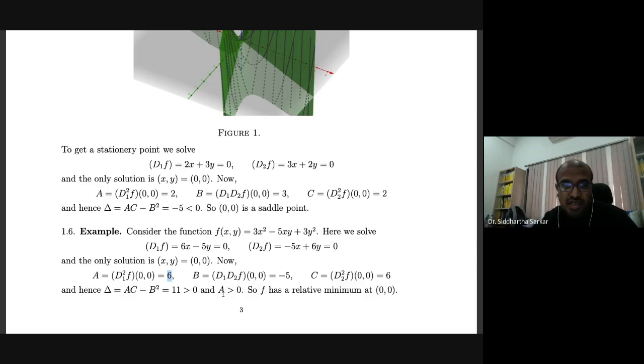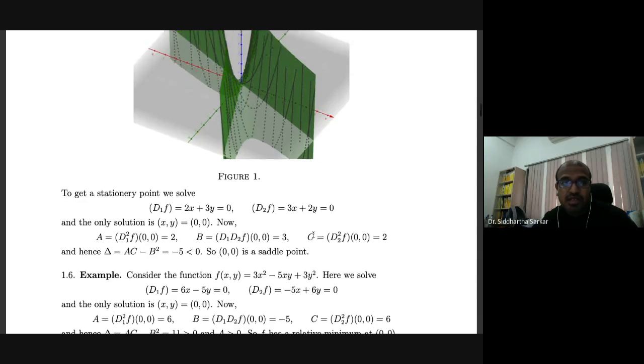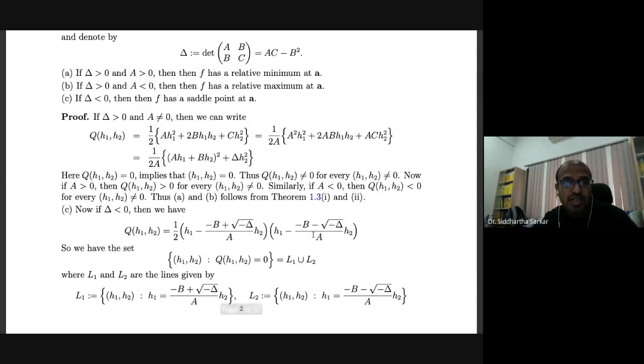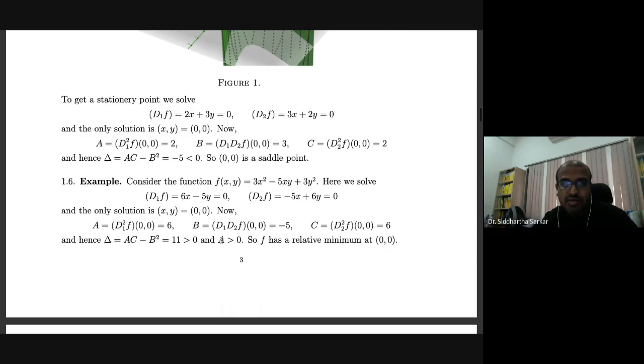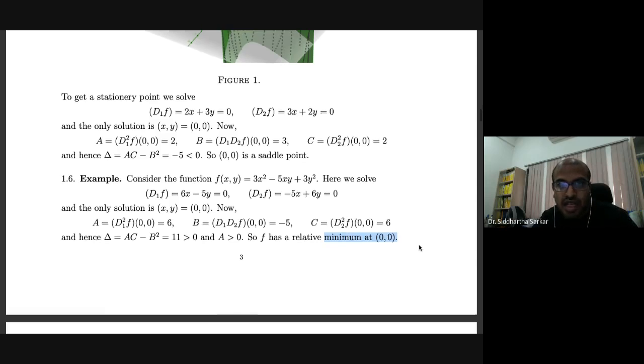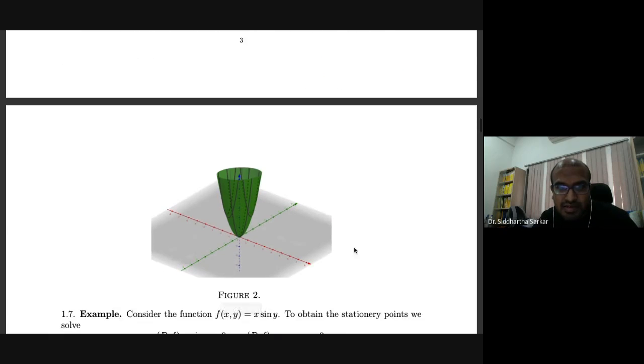Again, delta turns out to be positive, and a is positive in this case. Remember, in the two-dimensional analog, if delta is positive, you need to find out what a is, and that determines the nature. So if delta is positive and a is positive, it should have a relative minimum at the origin. And if you look at the graph over here, at the origin it clearly shows a minimum at this point.